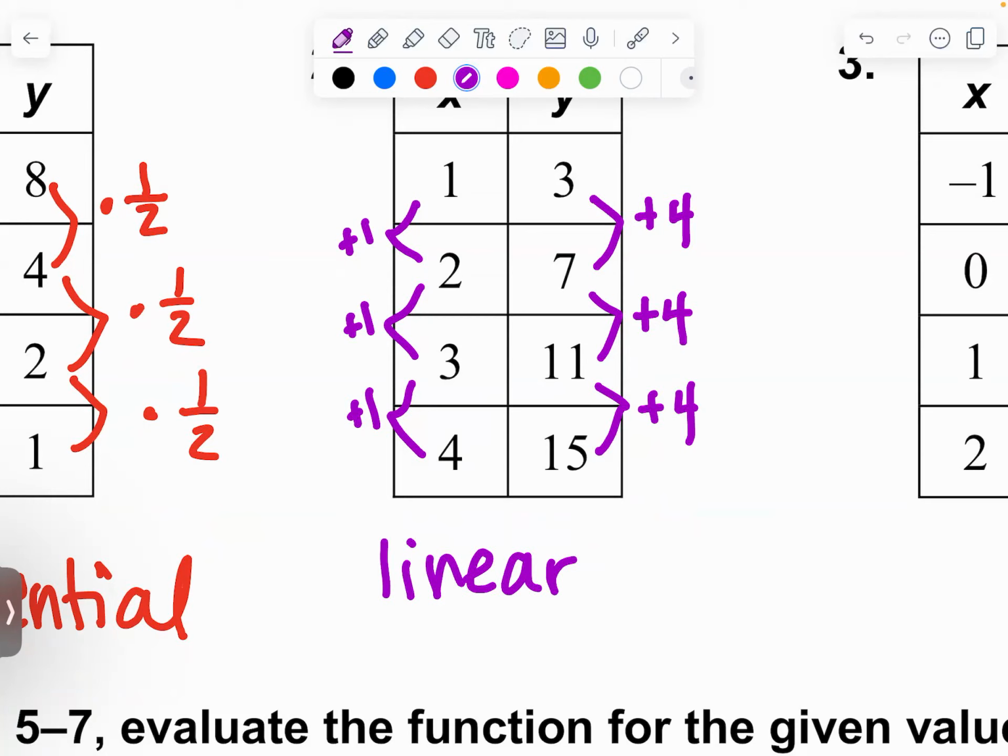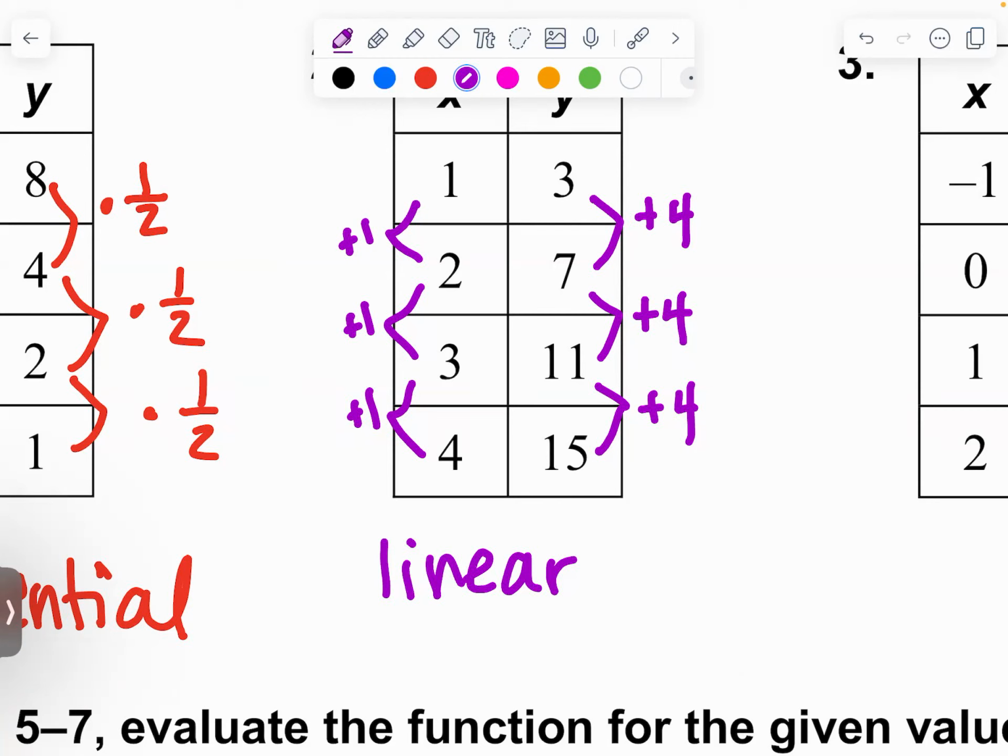How about you take 30 seconds and decide what number 3 and 4 would be? I'm thinking exponential. The difference between them is constant, so it's not exponential. Here's the constant rate of change.